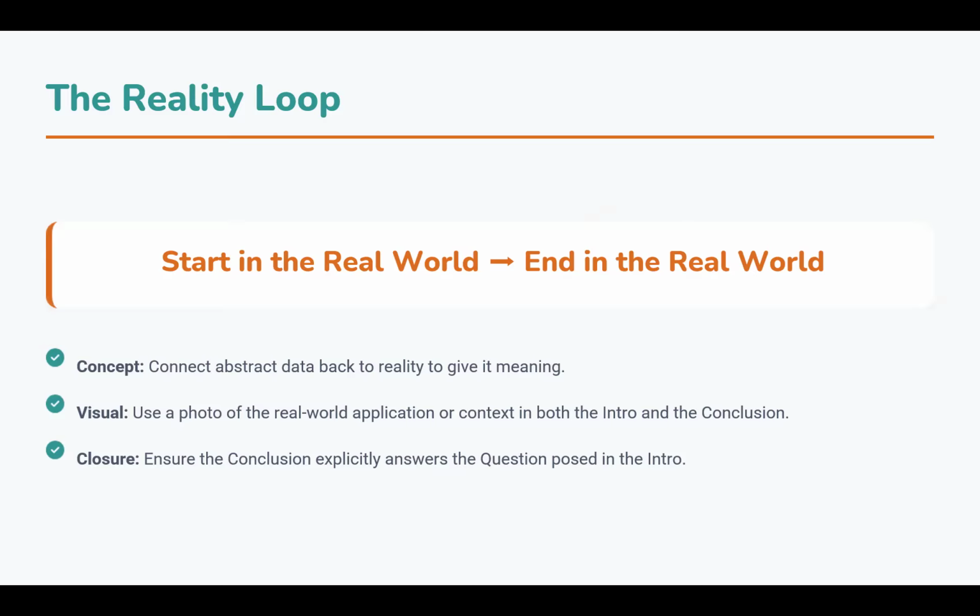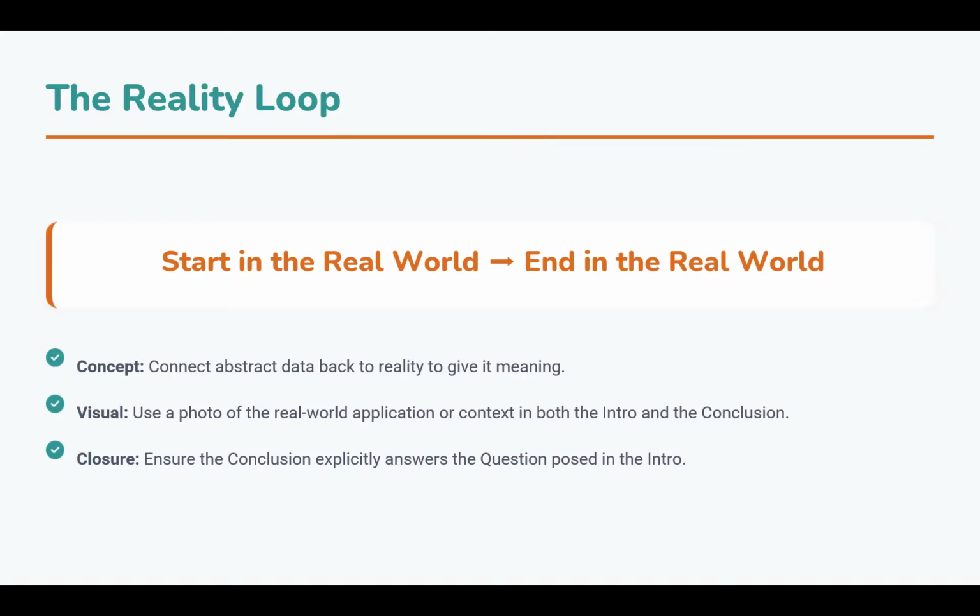So in the introduction and in your conclusion, these real-world scenarios, real-world photographs, real-world connecting modalities should be taken into your slides, right? Intro and conclusion, because these are the two ends where you connect the real world. And in the middle, you can take the scientific lab jargon.